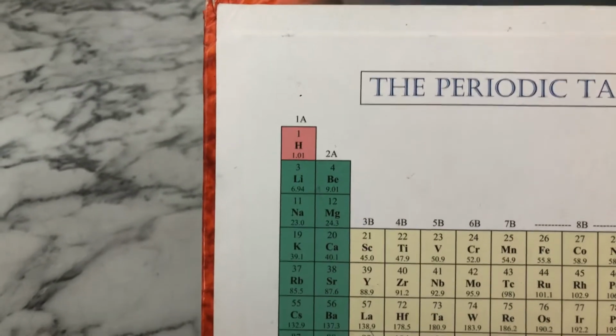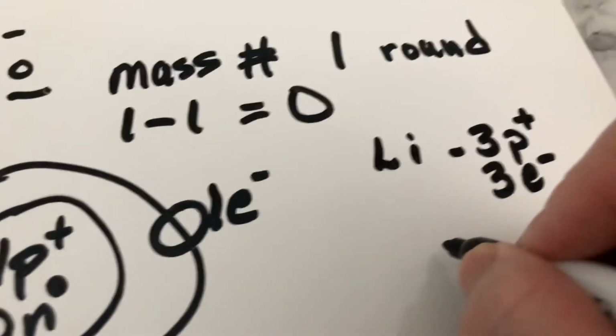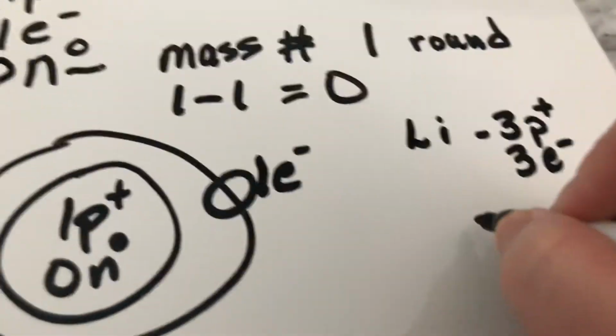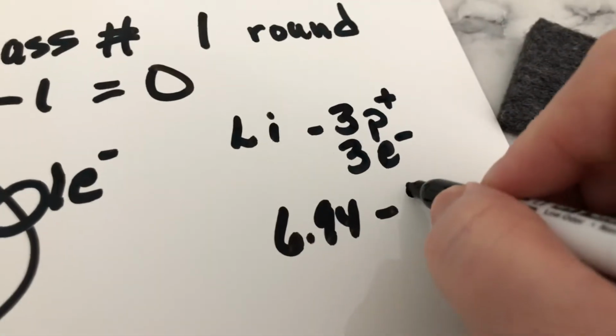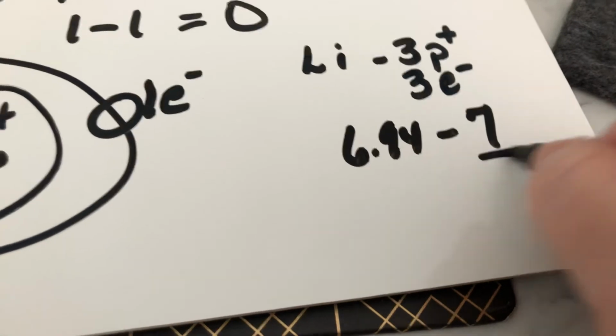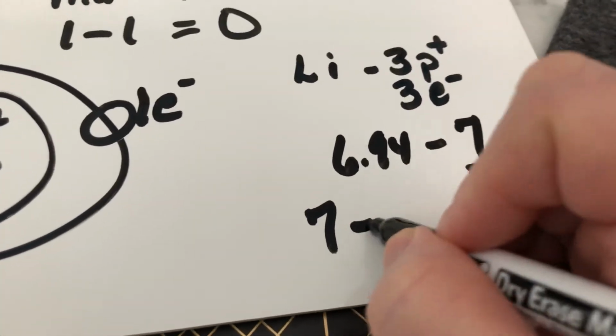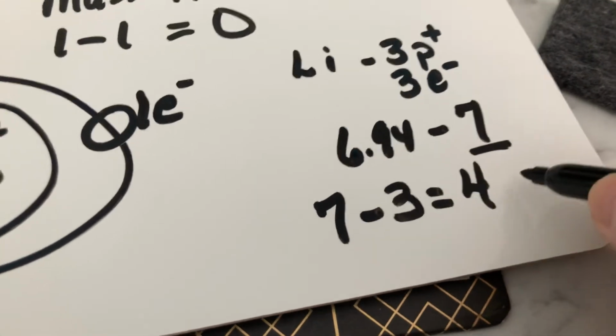To get the neutrons, you have to have the mass number, and that's got to be rounded. So 6.94, round that to 7. To get your neutrons, you take that number, 7, minus the protons, and that is equal to 4 neutrons.